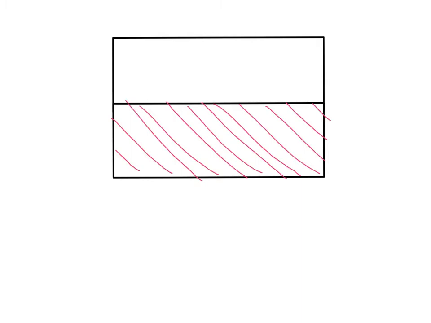Okay, now I'm going to split it the other way because I want to show you what half of that would look like. So again, I want to take the whole that I have, the whole being the whole rectangle, and I want to split it in half. So to keep it all straight, I'm going to go vertically here and split it in half. Then I'm going to shade in another half, the whole half here.